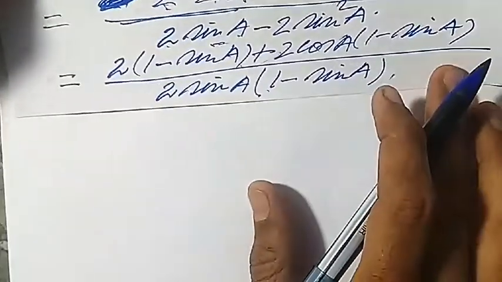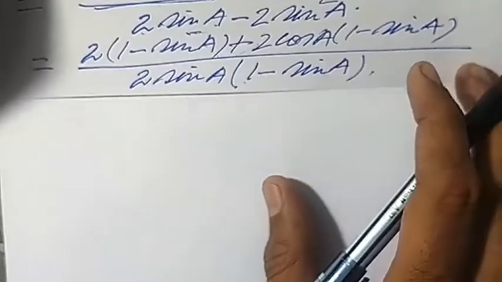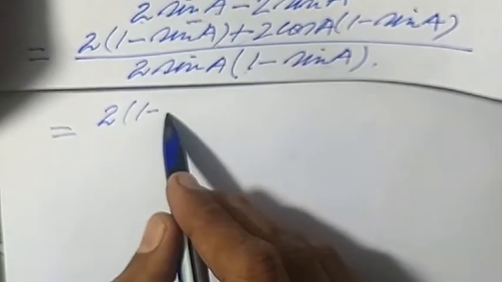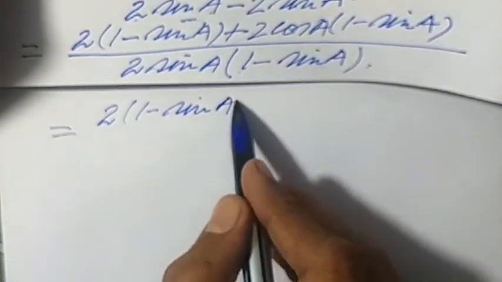Now proceeding from this step, as it is clear, 1 minus sine a is the common expression in the numerator, so we may take 2 1 minus sine a common.